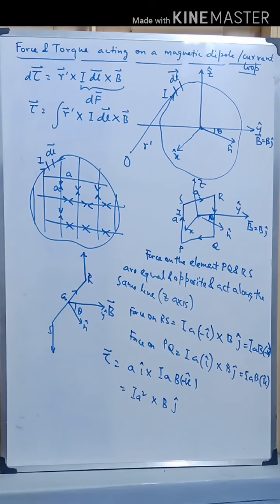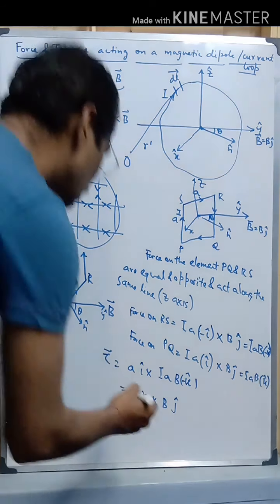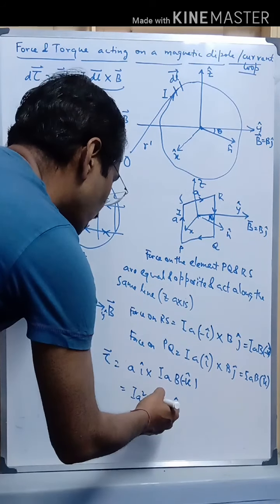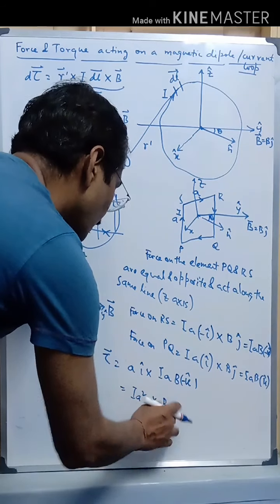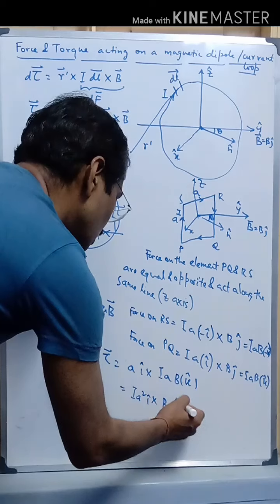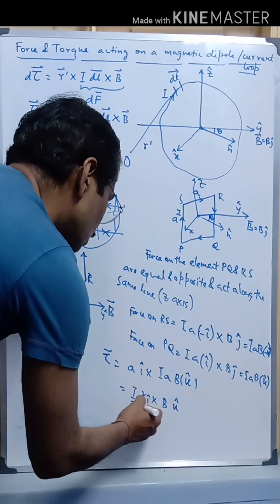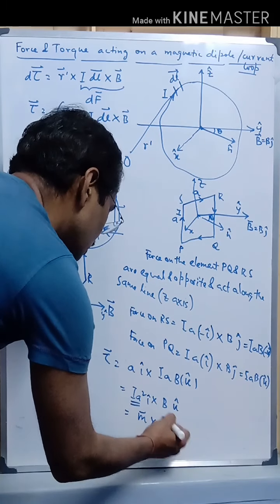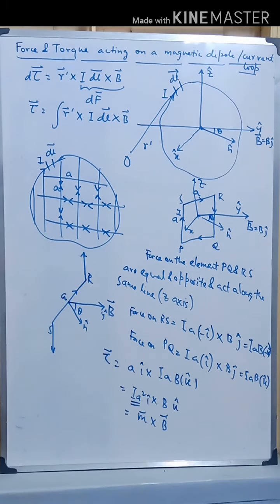So that torque would be along this, IA squared i cap, and I can make this as B. So this can be written as IA squared, which is M, the magnetic moment, cross B, because the current flowing through a loop times the area gives us the magnetic moment.